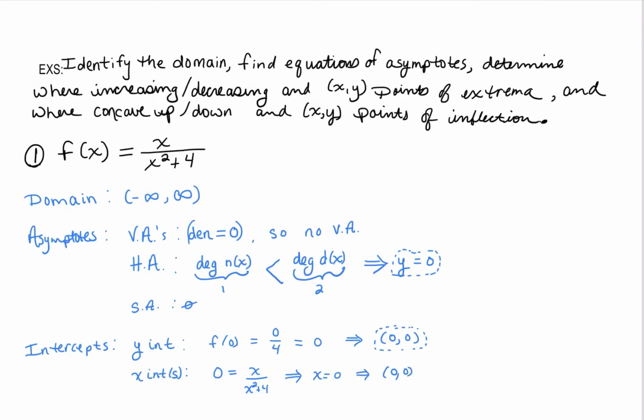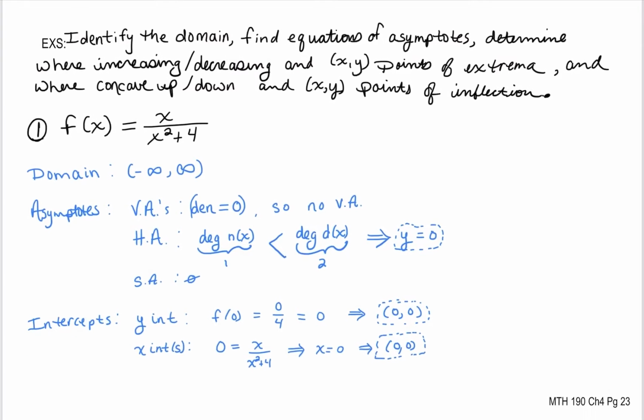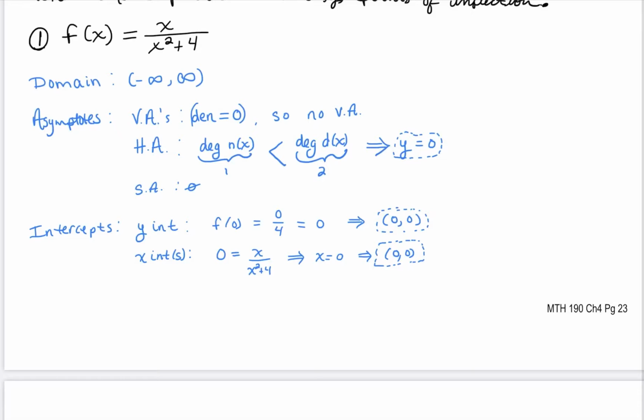There weren't any others, but just to review those processes. All right, so that's all of my precalculus information. On the next page, let's start to look at all the information that we can potentially determine from the first derivative.